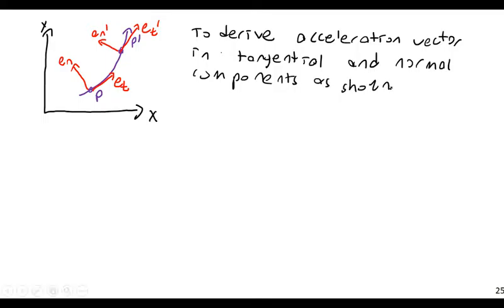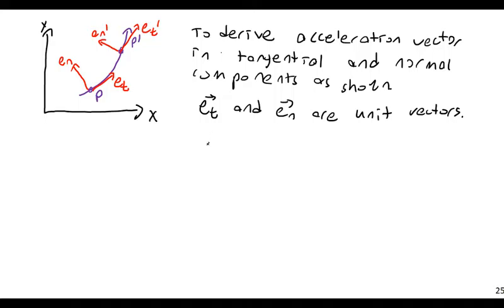And so I'm going to define unit vectors, ET and EN. So again, ET and EN are not the normal vectors. Sorry, they are unit vectors, I should say, not normal vectors. Are unit vectors at P and P prime.